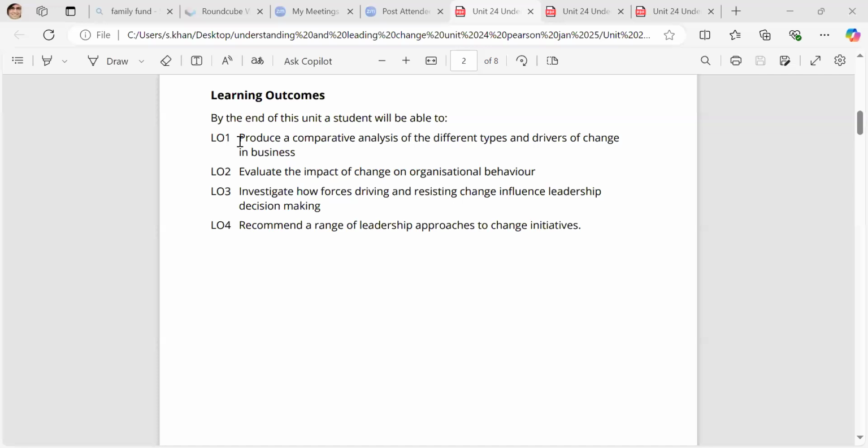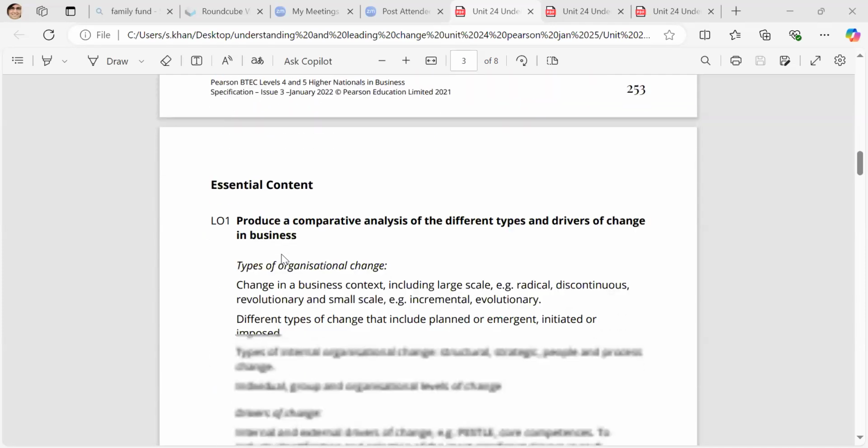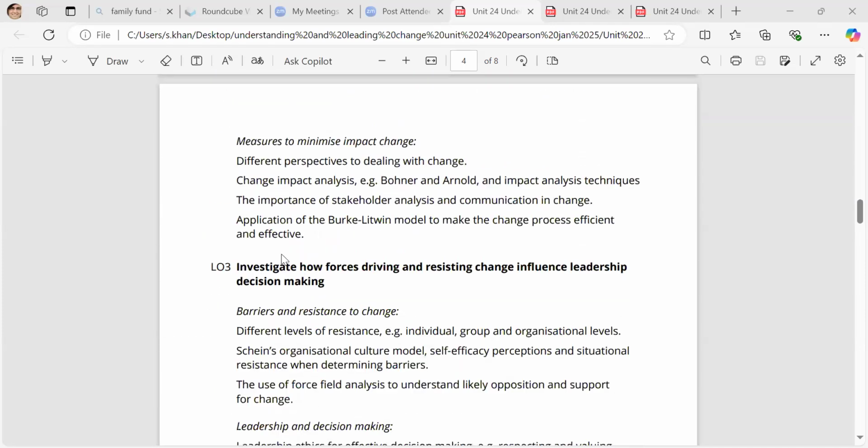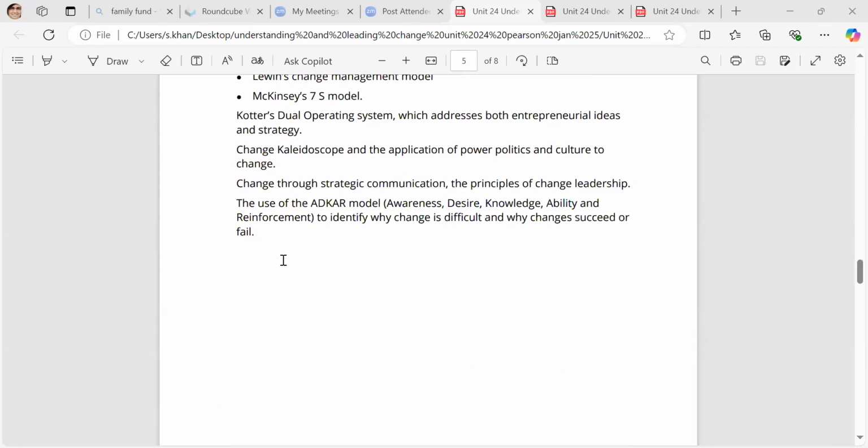The learning outcome we'll be doing today is learning outcome 1, which is to produce a comparative analysis of different types and drivers of change in business. There are 4 learning outcomes for this unit and 1 assignment discussion. This is the module specification, and it's available on Moodle for you.